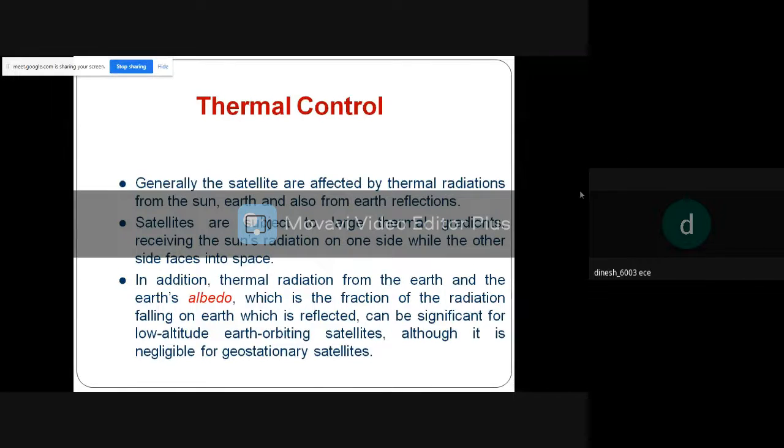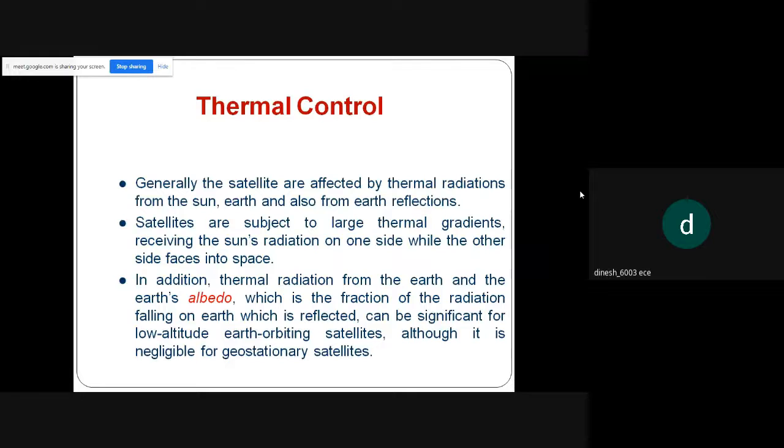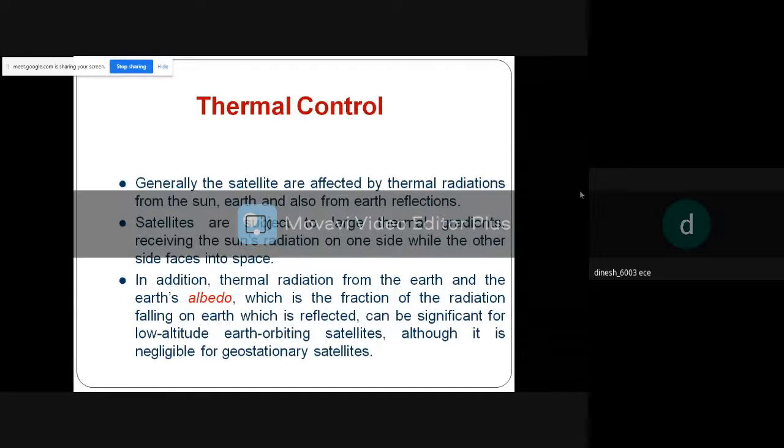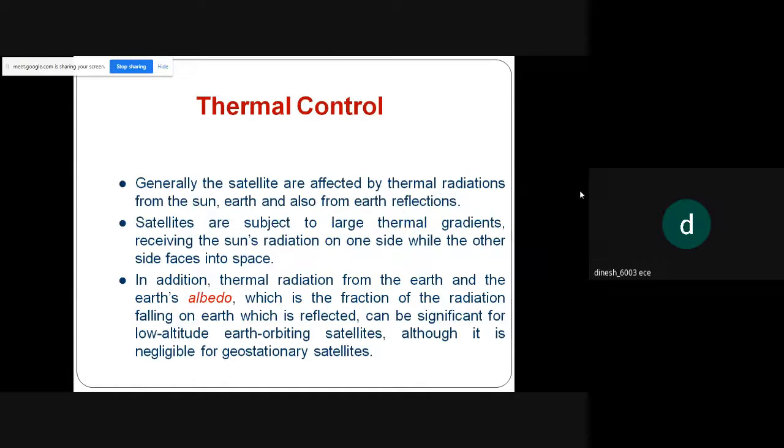falling on Earth which is reflected, can be significant for low altitude Earth orbiting satellites, LEO, low Earth orbiting, and medium Earth orbiting satellites.